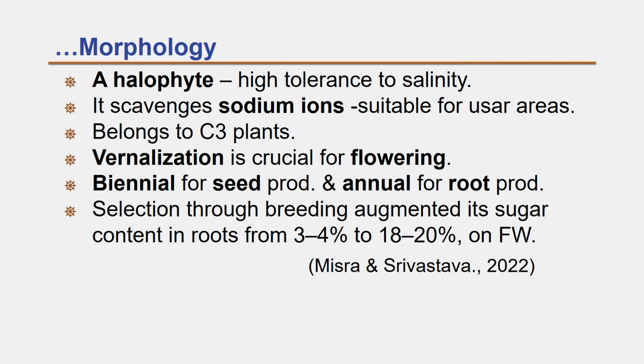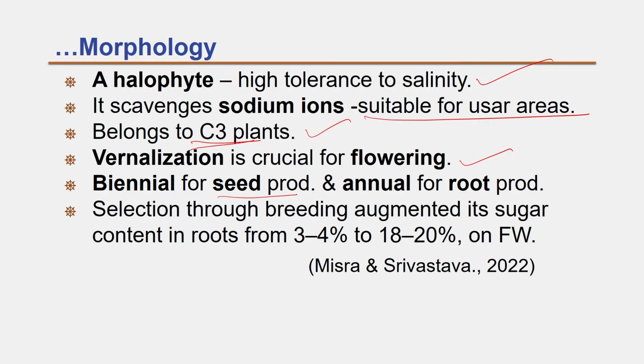It is a halophyte, meaning it is highly tolerant to soil salinity. It scavenges sodium ions, suitable for saline soils, and it belongs to the C3 group of plants. Vernalization is crucial for flowering, but it is not required in the case of sugarcane. Similarly, sugarcane is a C4 plant, but this beet is a C3 plant.